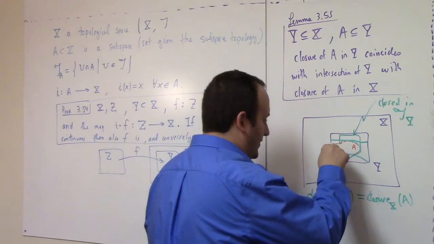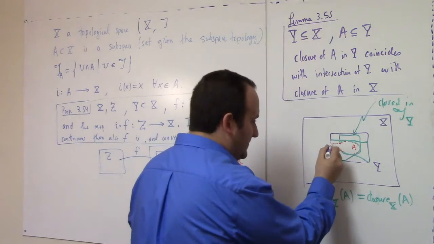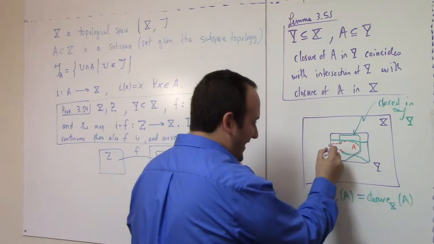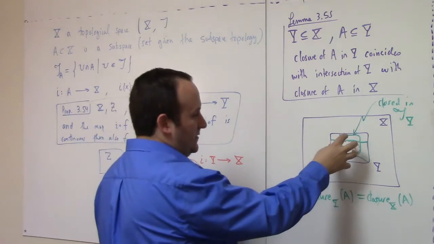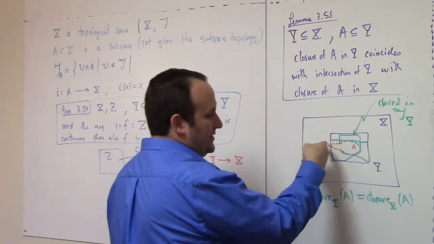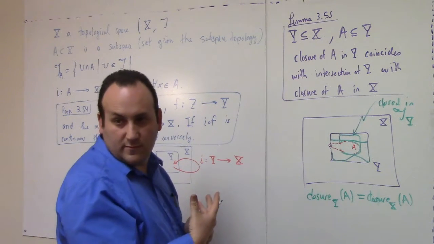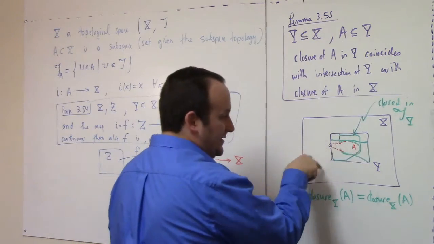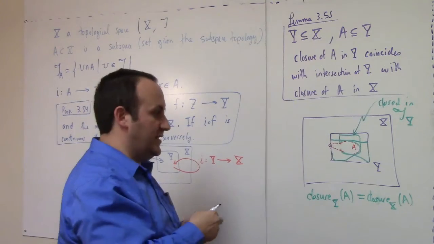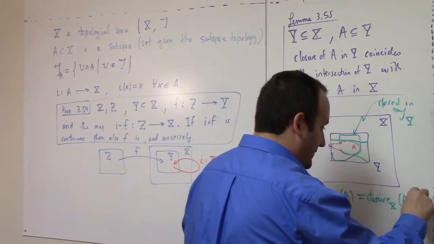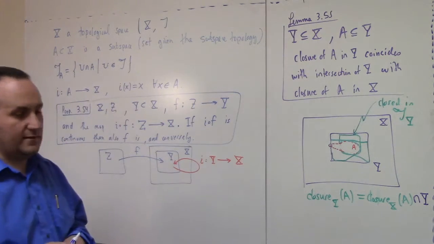So like this point right here. Suppose that's outside Y. Then the closure of A in Y wouldn't contain that point because it's outside Y. But the closure of A in X would contain that point. If we intersect with Y, then the closure of A in Y won't contain that point.